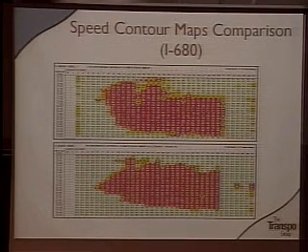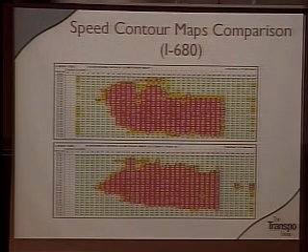One thing that is typically done in terms of validating the model is to compare the speed contour map that I've introduced before, the one that's reflecting existing traffic conditions, with the one that is derived from the model outputs. And that's an example here on this slide.